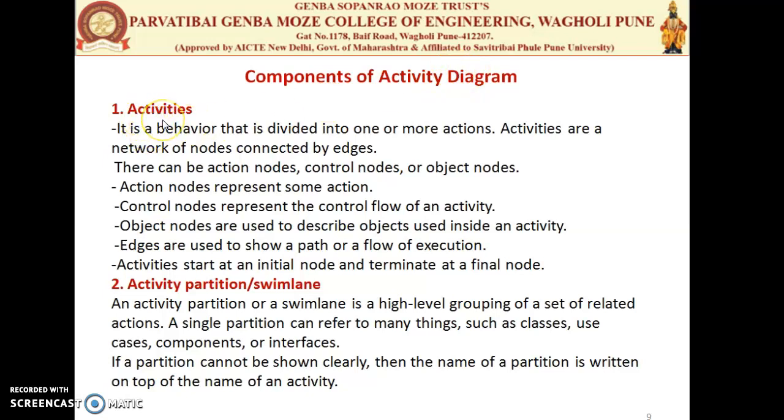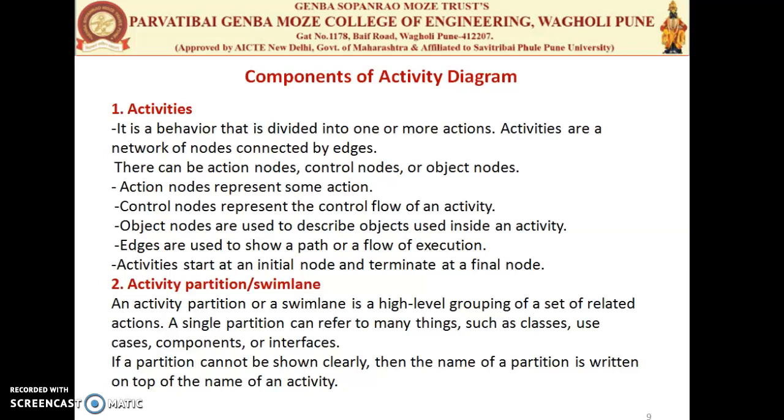First is the activity. So activity is the behavior divided into one or more actions. The behavior of the system can be divided into one or more actions, that is called the activity. So the activities are a network of nodes that are connected by edges.